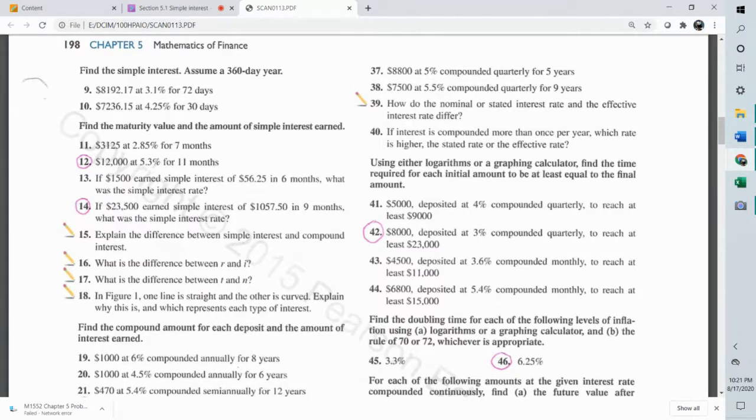So they want simple interest and the maturity value. It's up to you which way you would want to do it. We can practice using the other formula. We'll find the maturity value first, just in case you decide to use that formula.